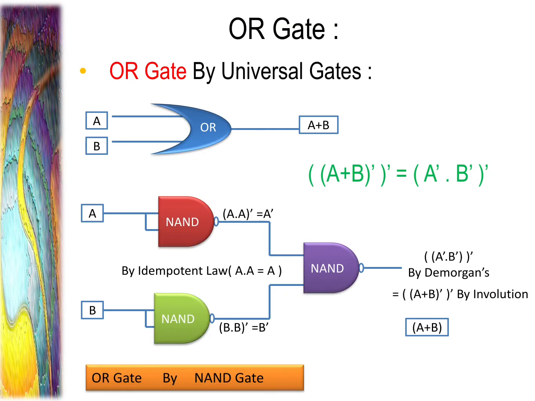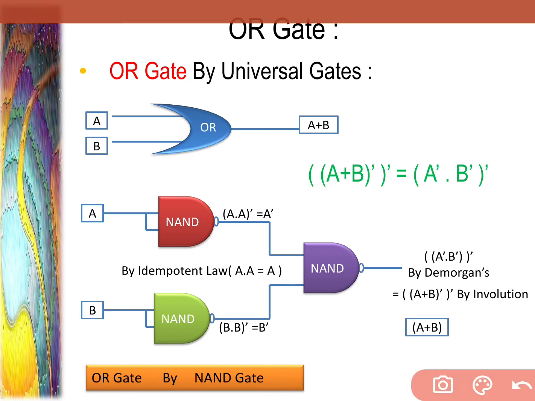See the next one. OR gate by universal gate means presently I am showing you OR gate by NAND gate. Again the same funda. OR provides me plus and NAND provides me dot with whole dash. Again I want De Morgan's law because I have to convert plus into dot.